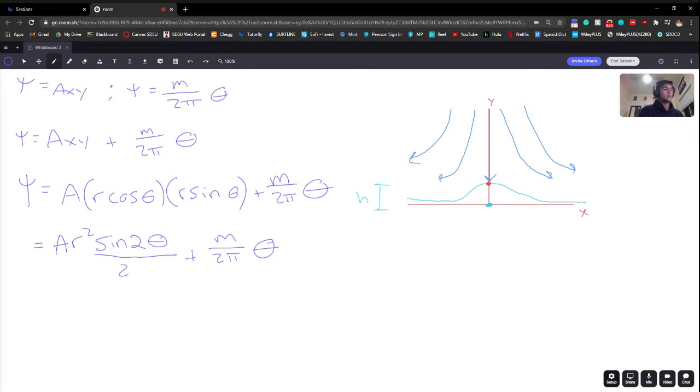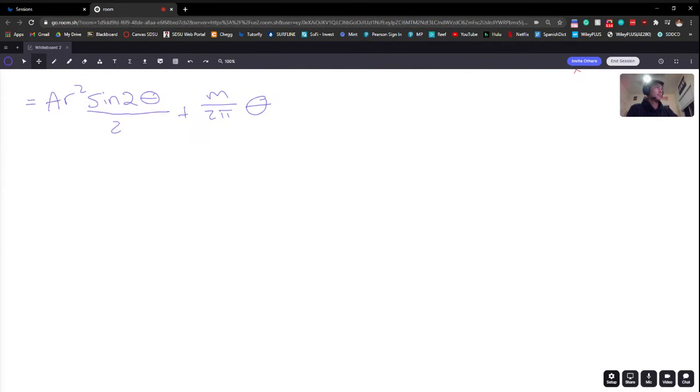We also know that v sub r, the radial velocity, is equal to 1 over r times the derivative of the stream function with respect to theta.